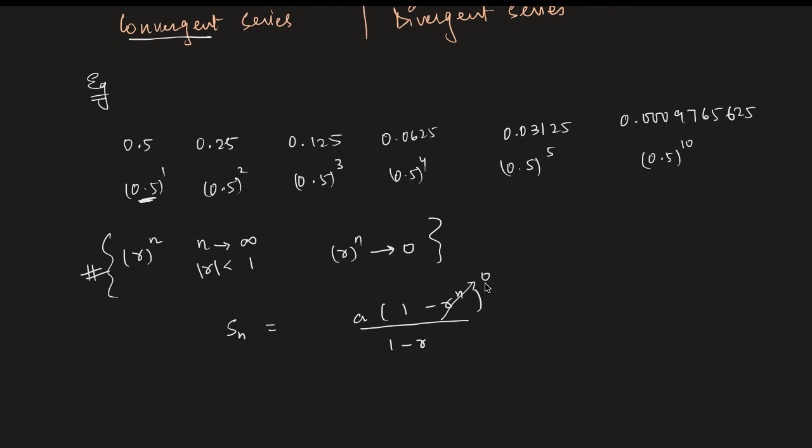So 1 minus 0 is 1, a times 1 is a. The sum of infinite terms in a given series can be given by this formula, with the condition that n is approaching infinity and mod of r is less than 1.